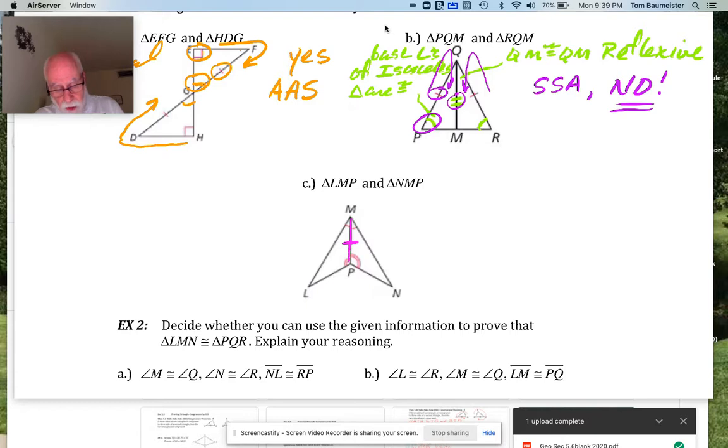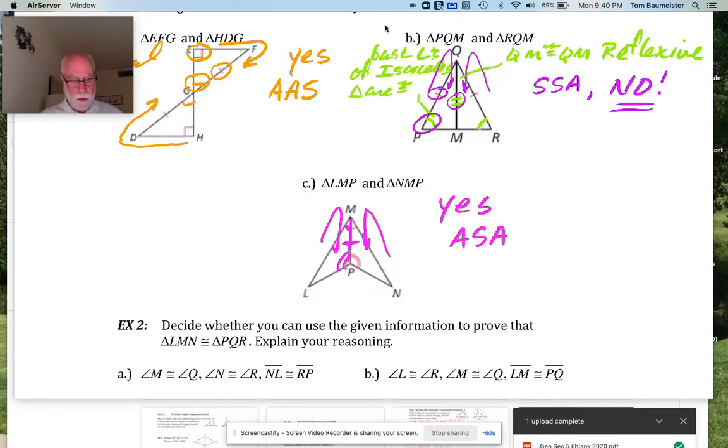So if we look here, we have LMP, and then we have NMP, and look at what we have marked. We have an angle, this angle here, we have a side, and then we have this angle here on both of them. So we can say in this case it's yes.